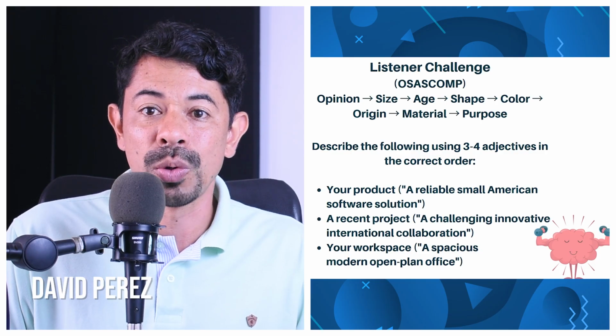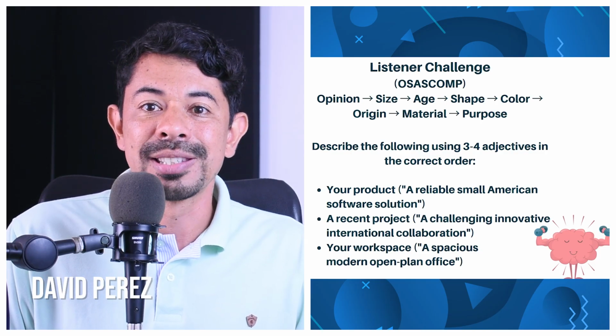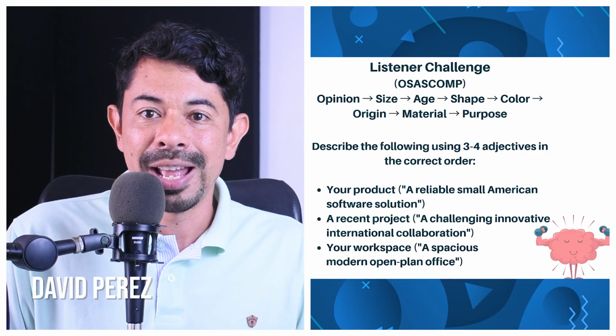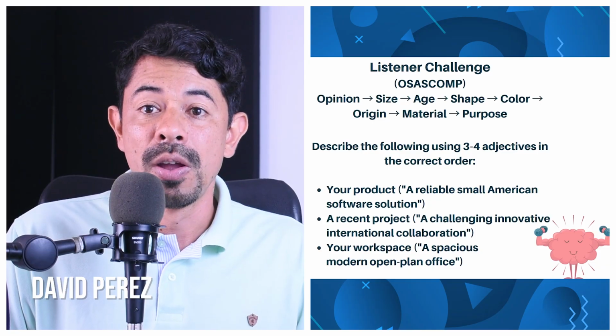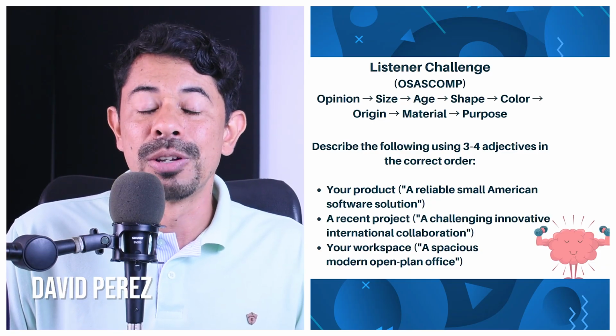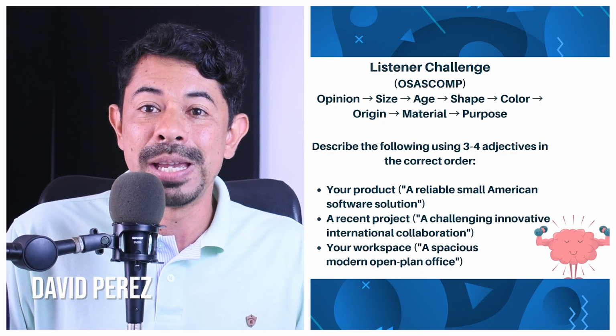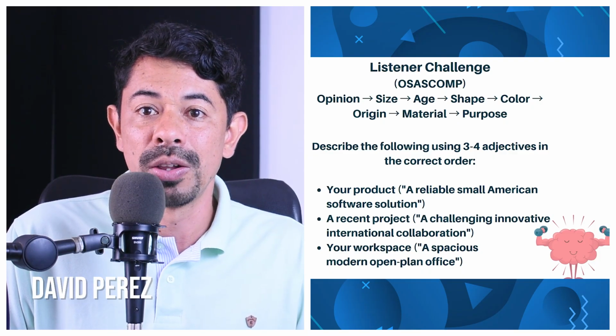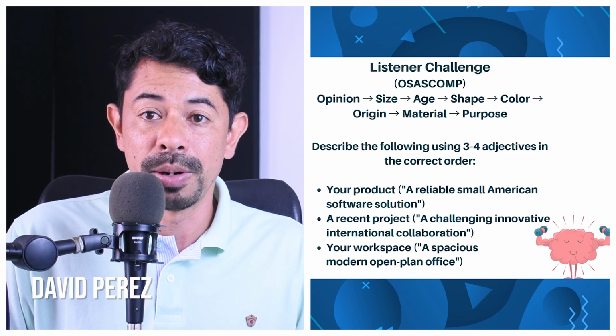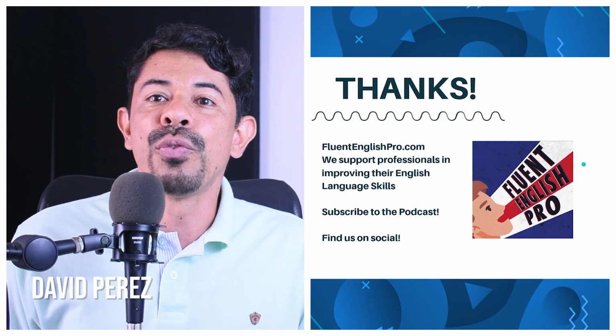So describe one product, one project, and one workspace by using OSASCOMP. Write it down, then double check if the information corresponds to the sequence: opinion, size, age, shape, color, origin, material, and purpose. That is all for now.